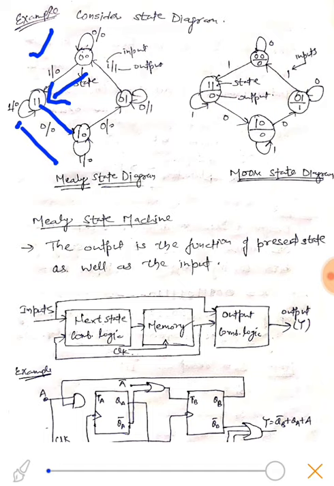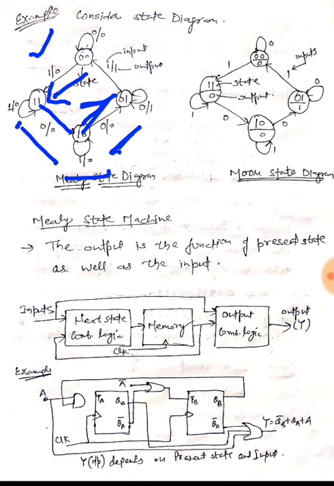Now if it is in state 1 0 and I provide input 1, then it will remain in the state 1 0, that is state 2. Okay, now if I provide input 0, then it will move to the state 1.